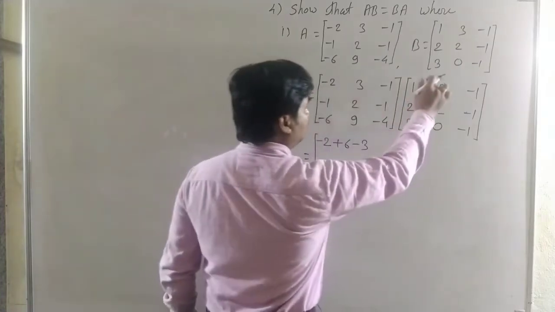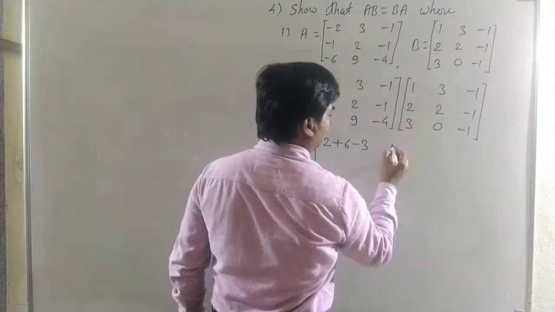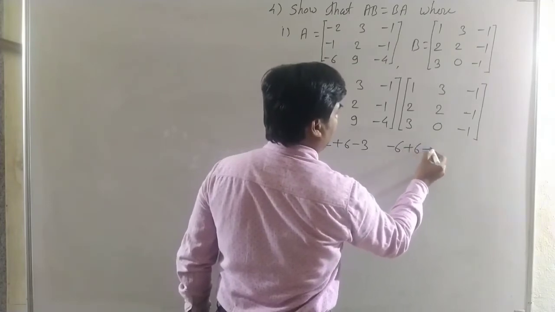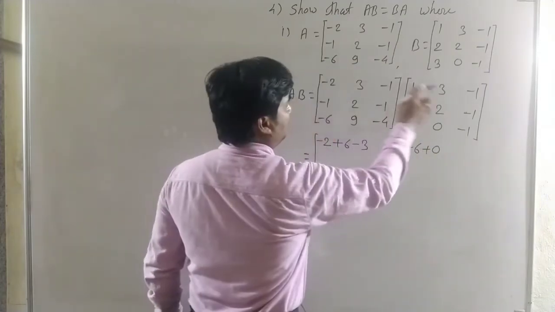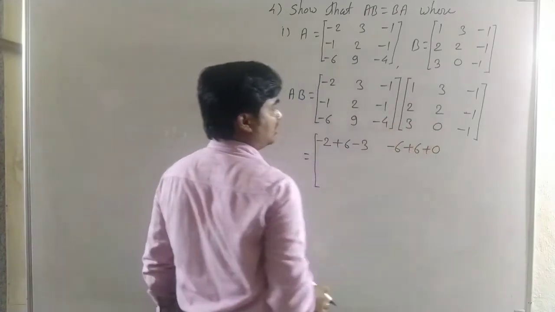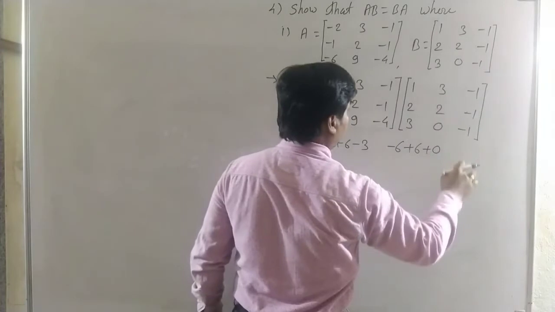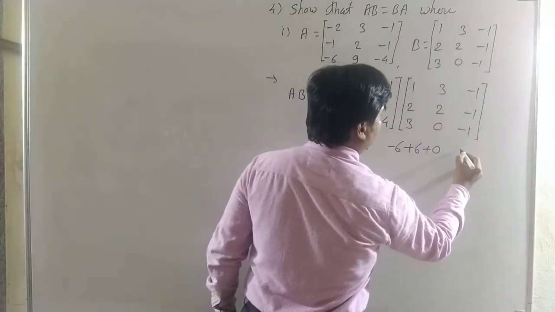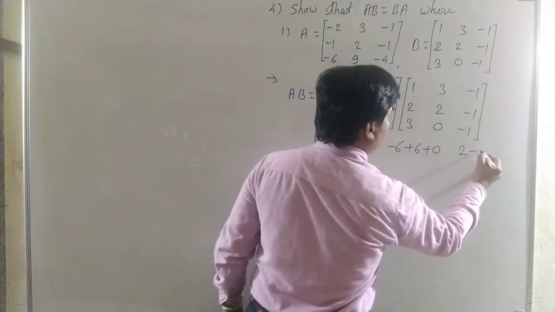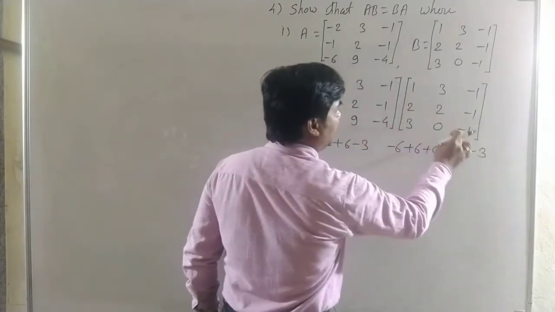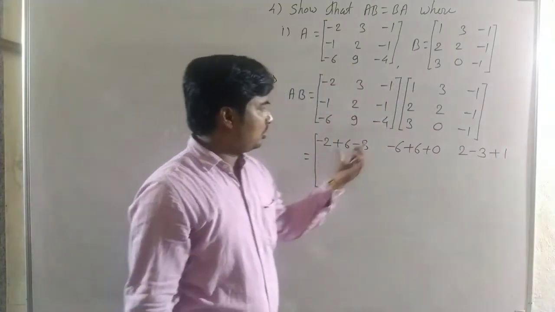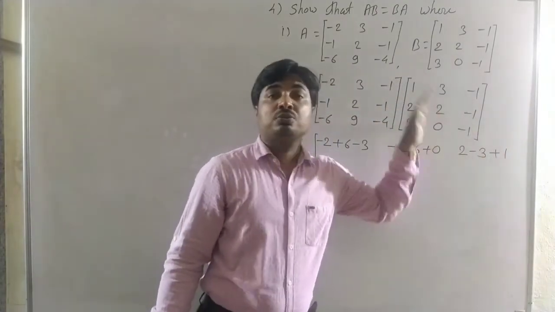Now first row second column, minus 2 into 3, it is a minus 6, plus 6 and plus 0. 3 into 2, it is 6, and minus 1 into 0, it is 0. Now first row third column, minus 2 into minus 1, it is a 2. 3 into minus 1, it is a minus 3, and minus 1 into minus 1, it is a plus 1.